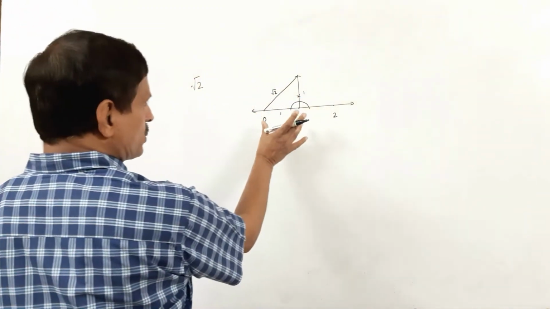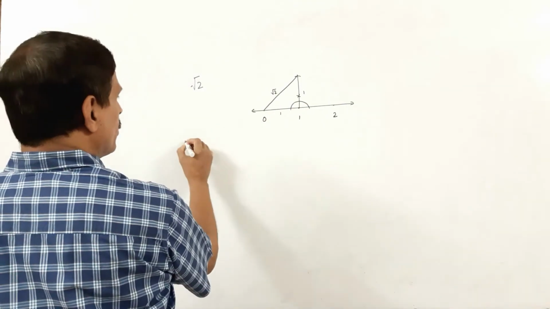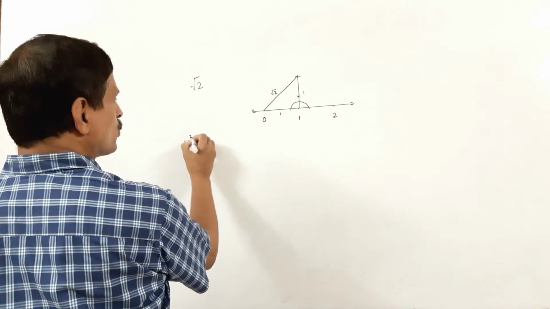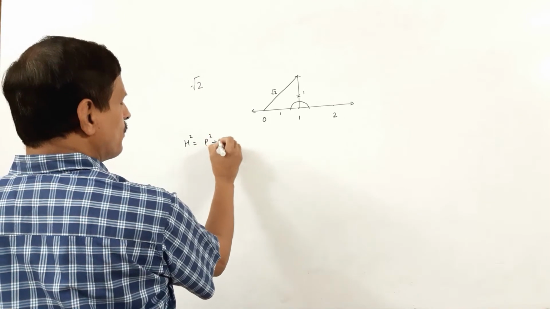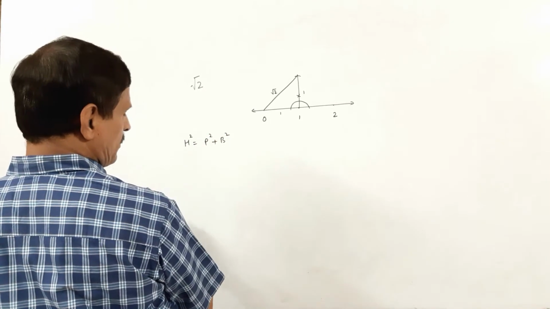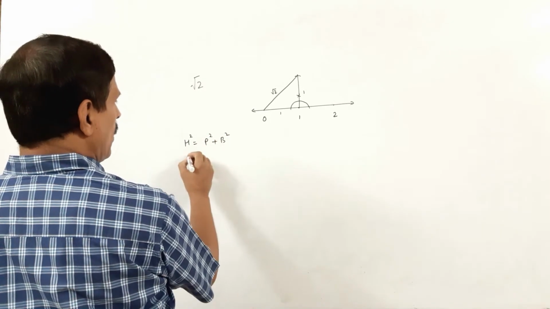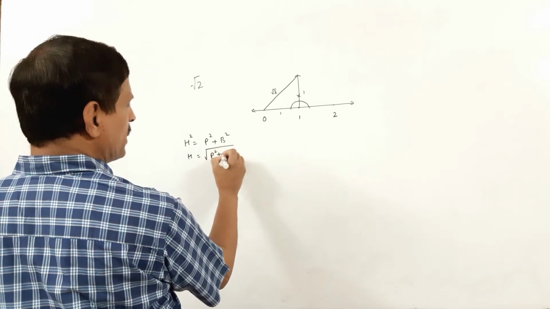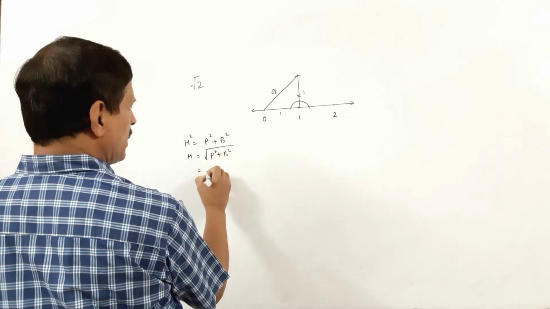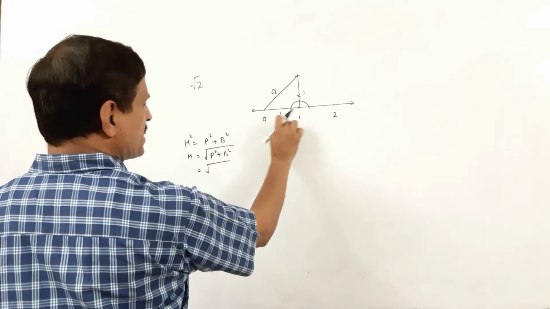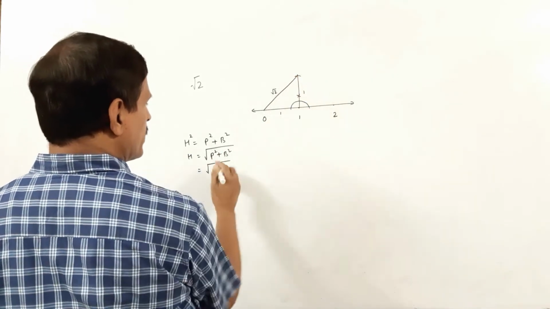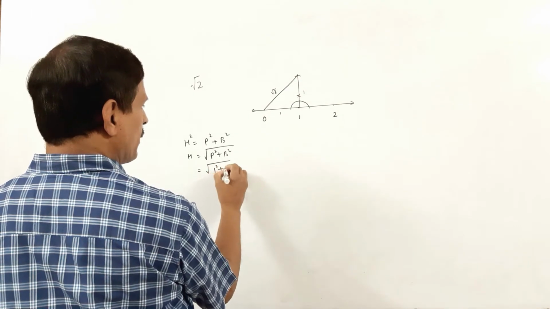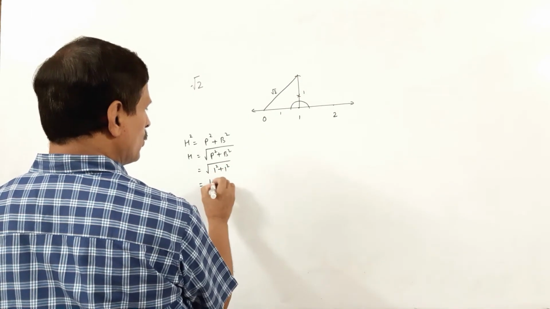By using Pythagoras we can prove it. We know hypotenuse square is equal to perpendicular square plus base square, or h is equal to root of perpendicular square plus base square. Base is 1 unit and perpendicular 1 unit, therefore 1 square plus 1 square, and that is root 2.